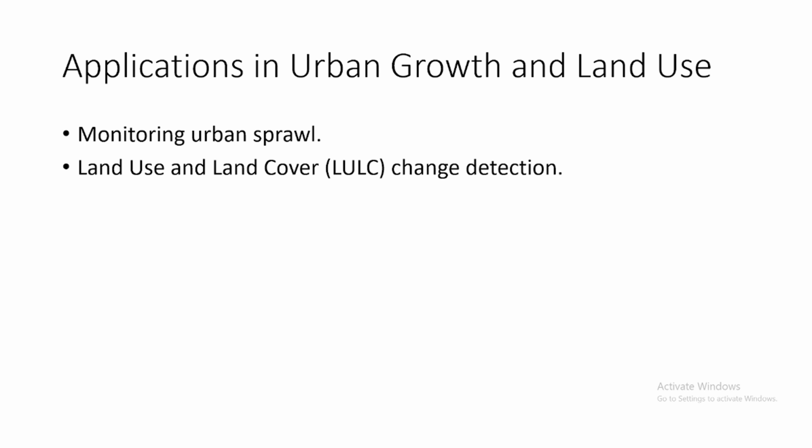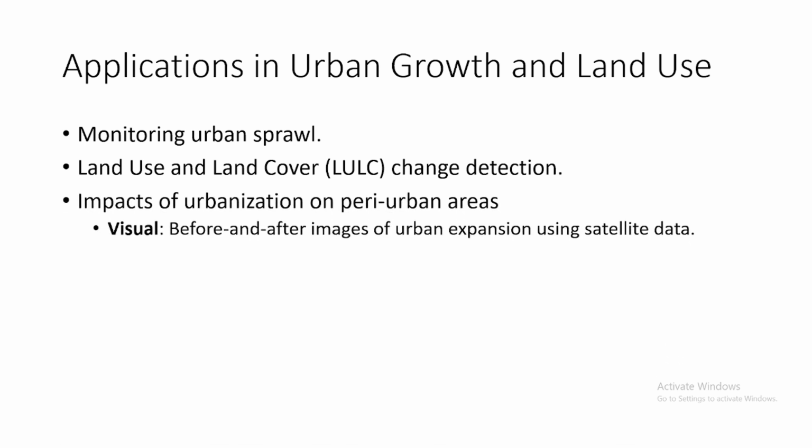If you know land use land cover mapping, from here we can simply separate the urban area, and further monitor urban sprawl, land use land cover change detection, or the impact of urbanization on peri-urban areas. We also visualize that.